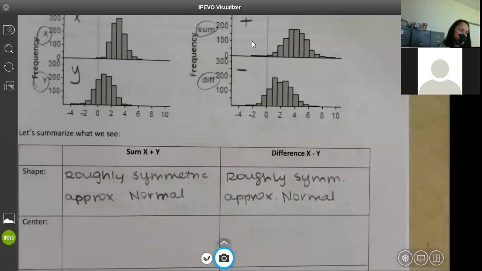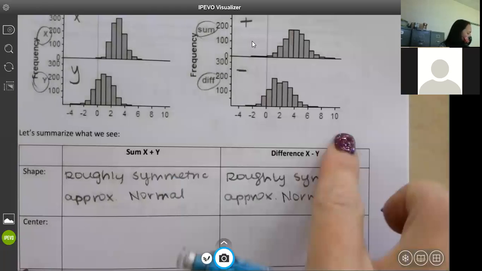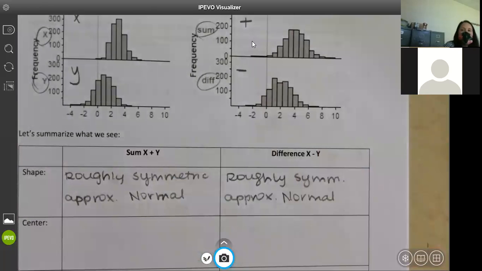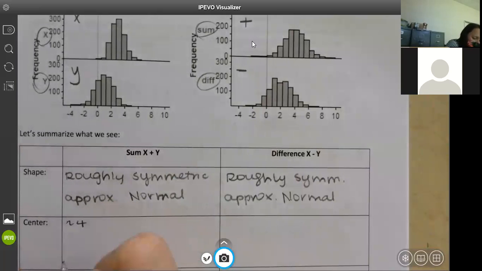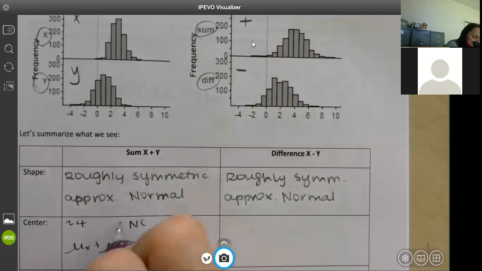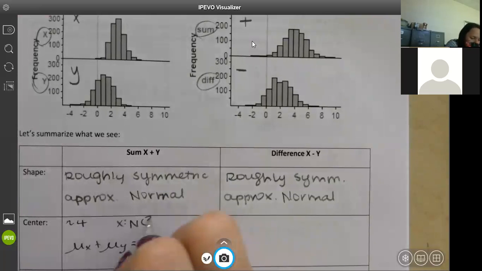Where is the center of the addition? The addition is the one on top, your scale's down here. What does it look like? 3 or 4. So let's say approximately 4. It's the mean of X plus the mean of Y. X was normal 3 and 0.9, and Y was 1 and 1.2.